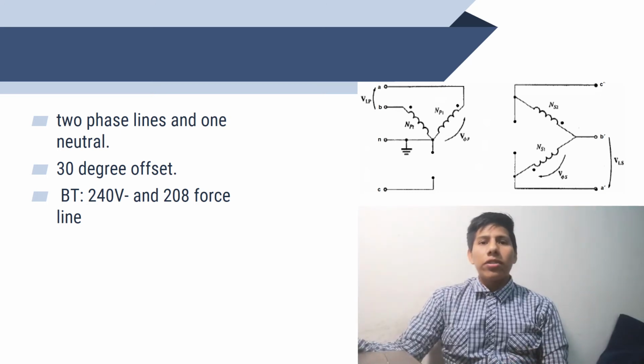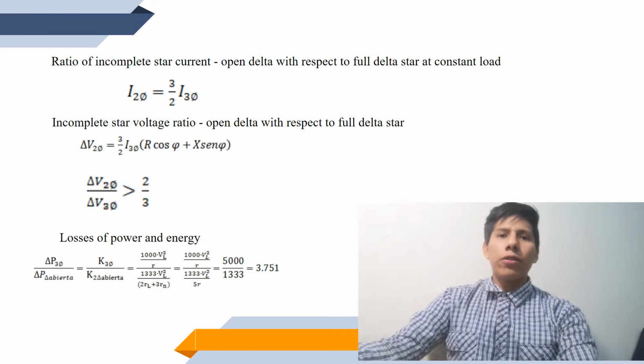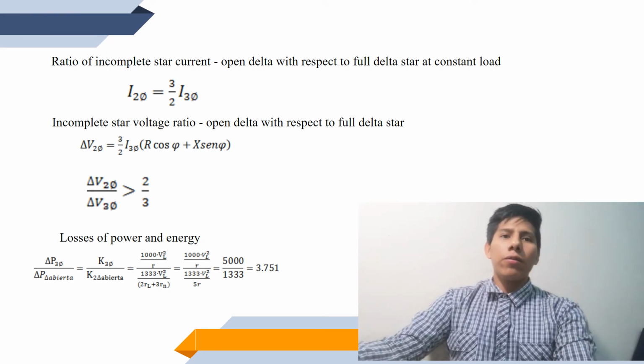240 volts between line to line is maintained. With the offsets are angles of 30 degrees due to the configuration. The secondary lines maintain the same as the forced lines. The phase neutral conversion can be compared with the three-phase bank equivalent.